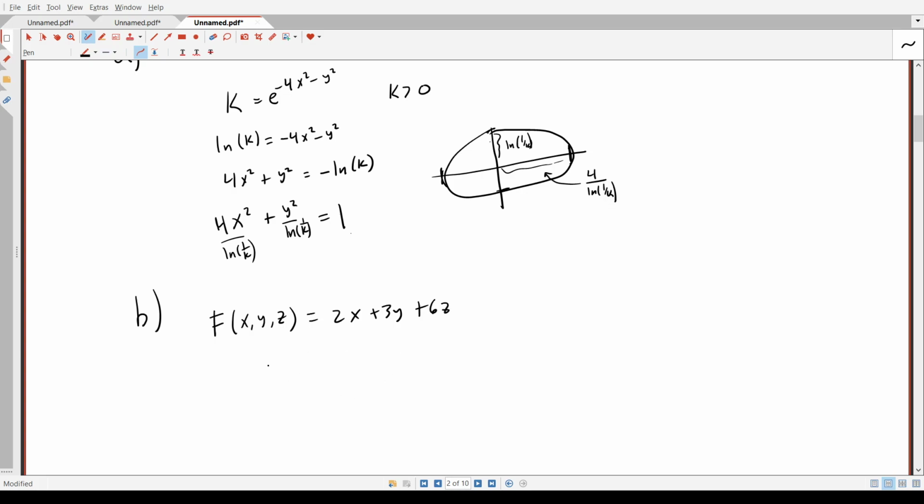And if I look at these, I'm going to write this as (2, 3, 6) dot (x, y, z). Okay, so we know that this actually describes a plane, right?